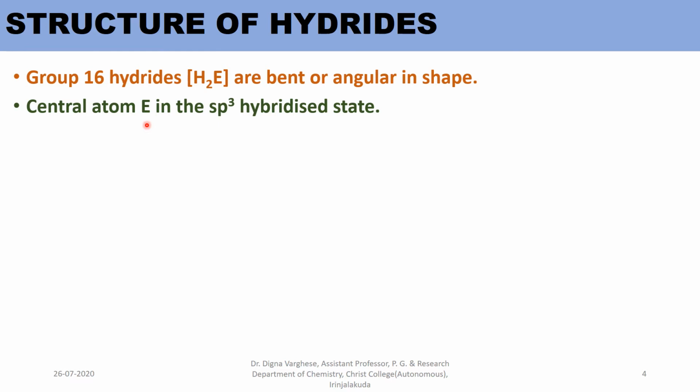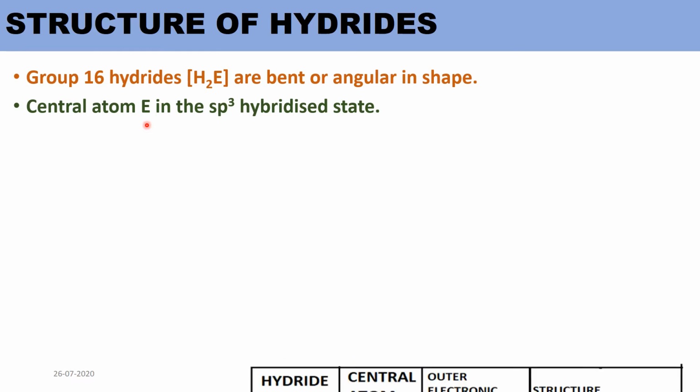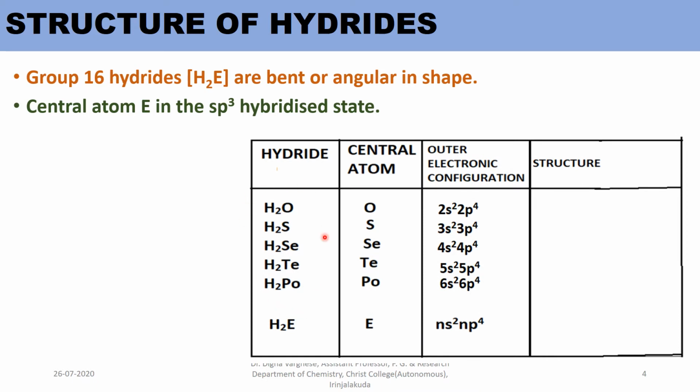We know the hydrates are H2O, H2S, H2Se, H2Te and H2Po. The central atom in water is oxygen, in hydrogen sulfide is sulfur, in hydrogen selenide is selenium, in hydrogen telluride is tellurium, and in hydrogen polonide is polonium.